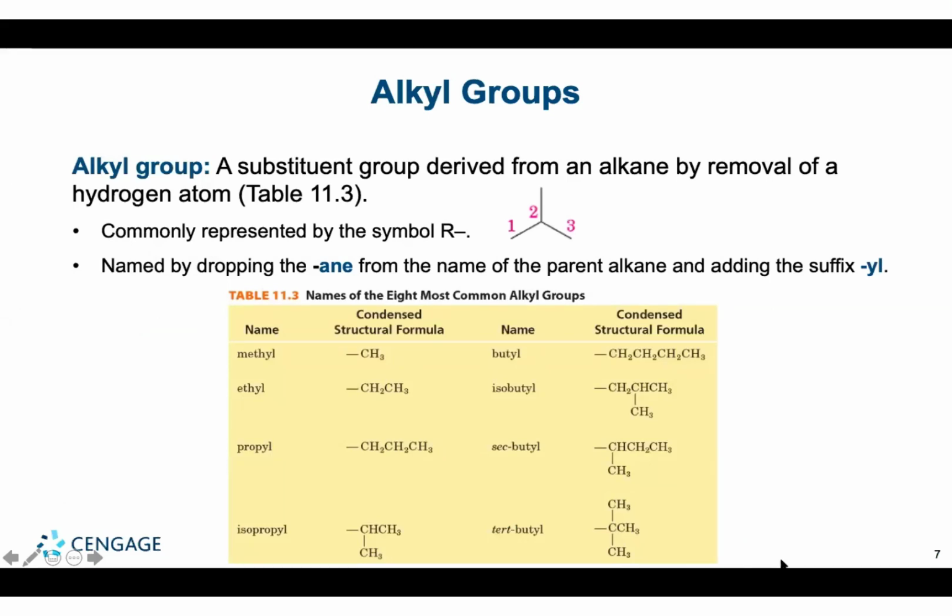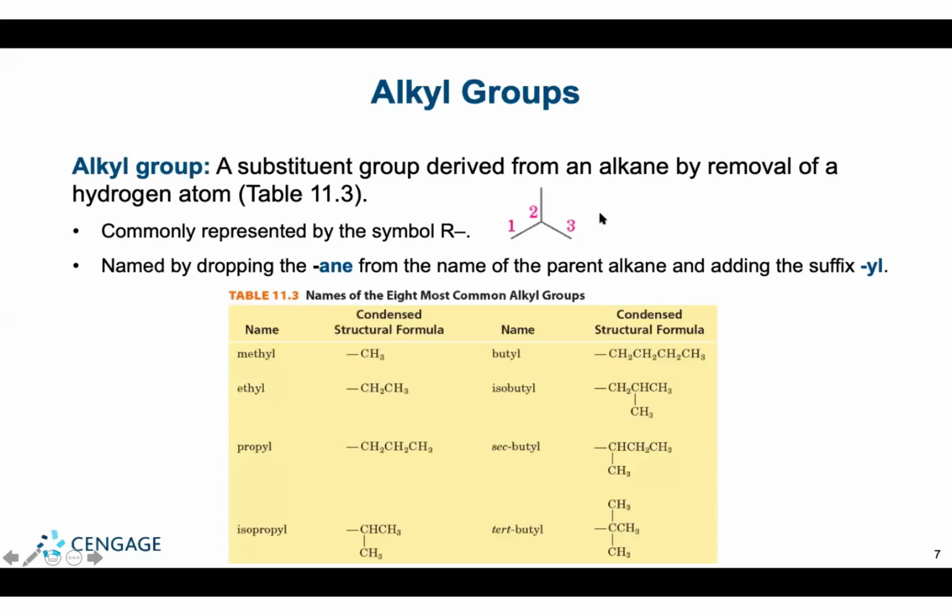Whenever, guys, we have a branch that there is a carbon in the branch, we call it alkyl group. How? So look at this compound. You see that we have 1, 2, 3. That's what kind of formula? Line angle formula, right?